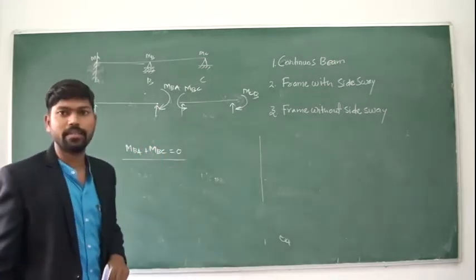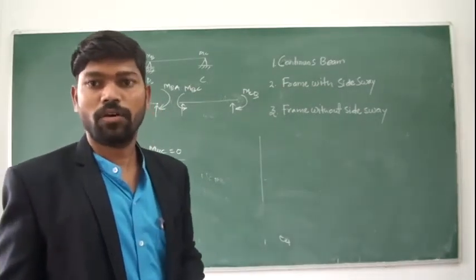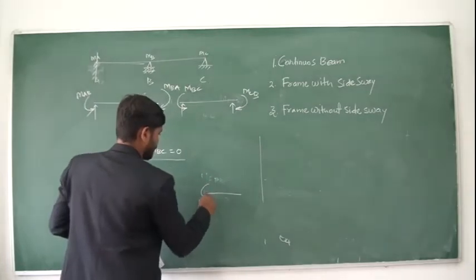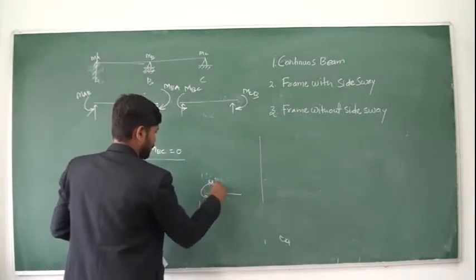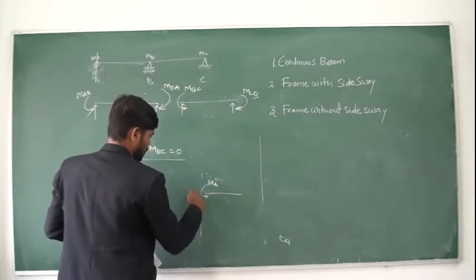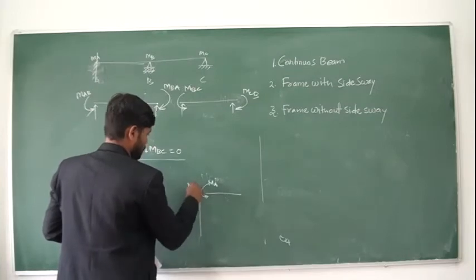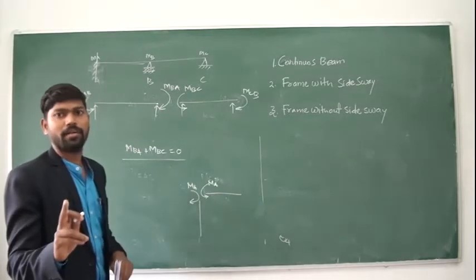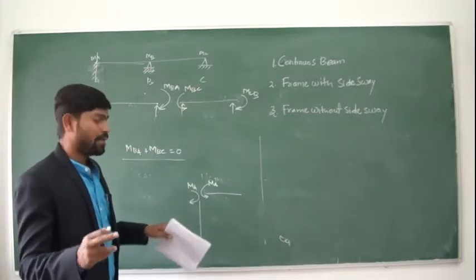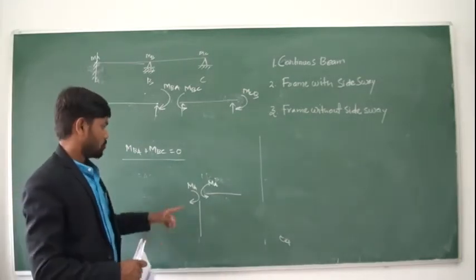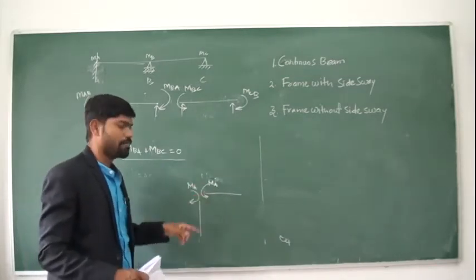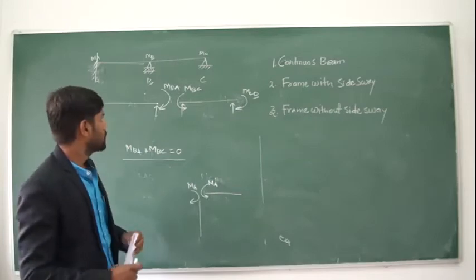Because while analyzing the frame, we have seen that suppose this is the joint. And here it is MA. So here this MA will be in a different direction. So this MA and this MA should be equal and opposite in direction. So if you do the addition, plus MA minus MA, it should be 0.